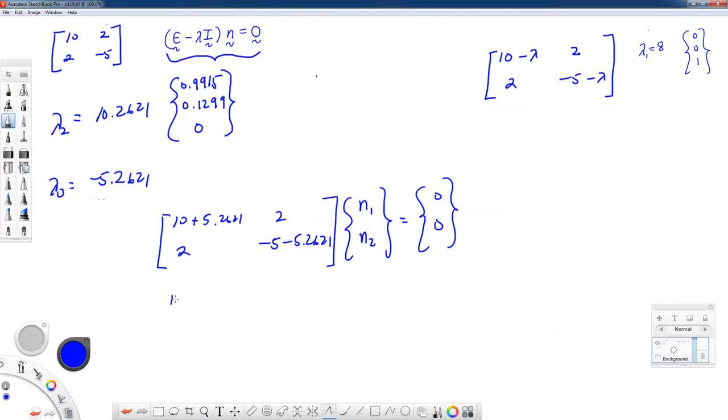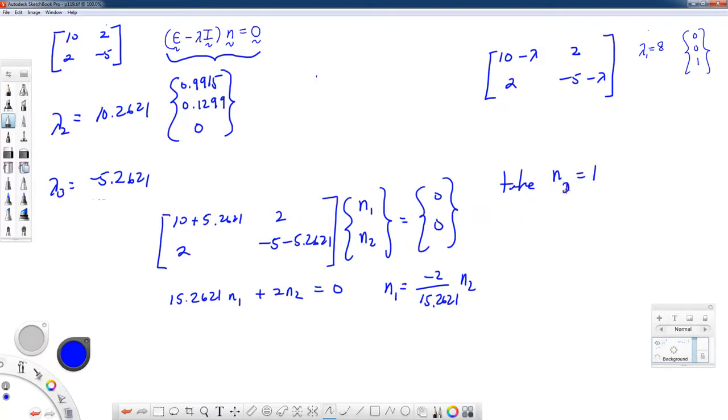So it's going to be 15.2621 n1 plus 2 n2 is equal to 0. So if I solve for n1, that's going to be minus 2 divided by 15.2621 n2.